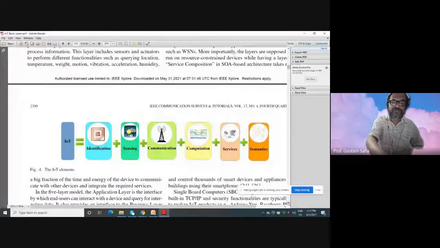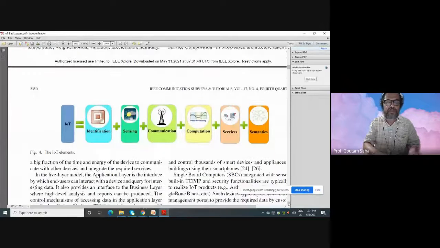Sensing means its value. Communications means it is transmitted. Computations means in the cloud, these sensing data are analyzed. Then services are to be provided. Then what is to be done goes to the actuator. And semantics means that if, say, the humidity data is coming in some unit and the temperature data in some other unit, those have to be resolved. The semantics does that. So this is your thing.